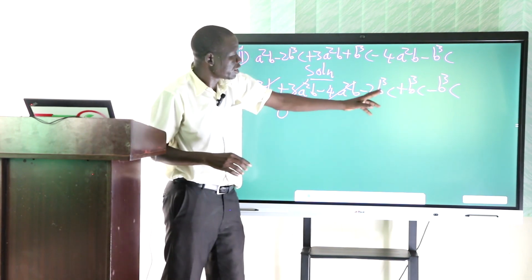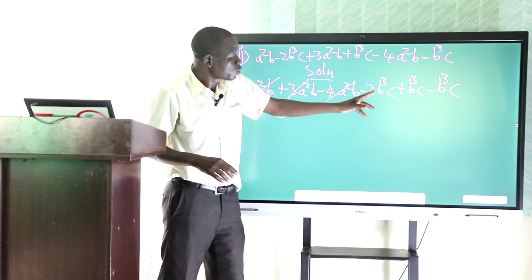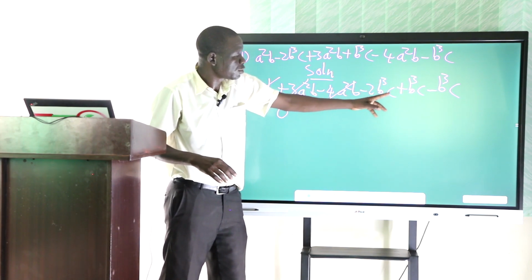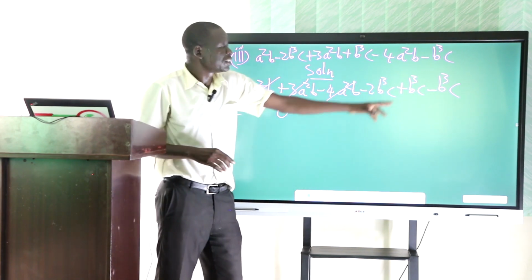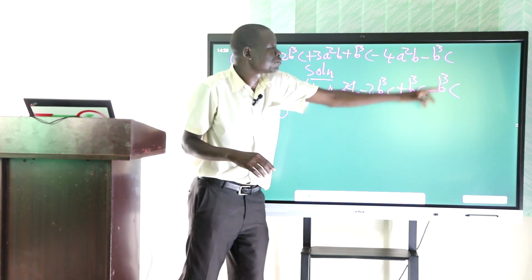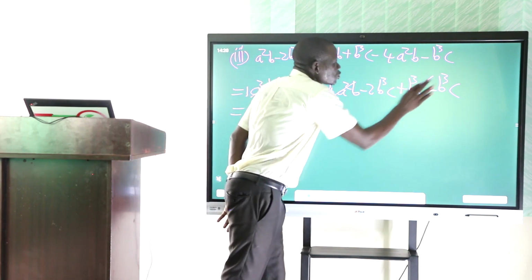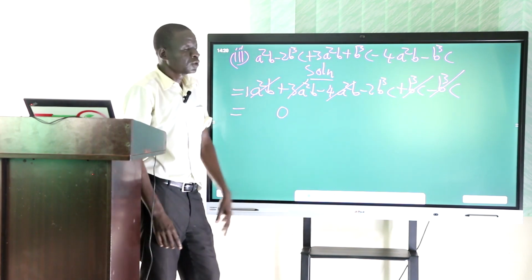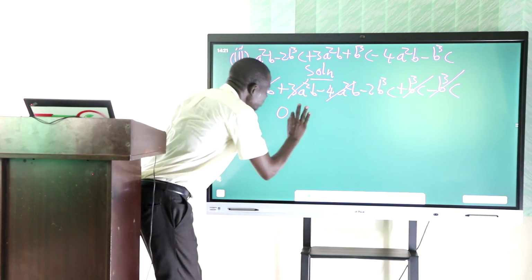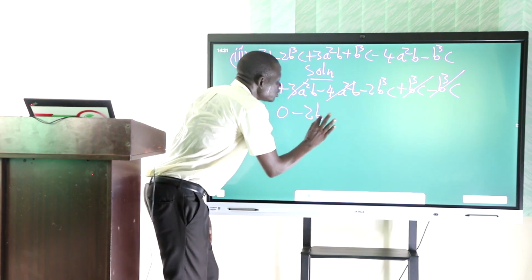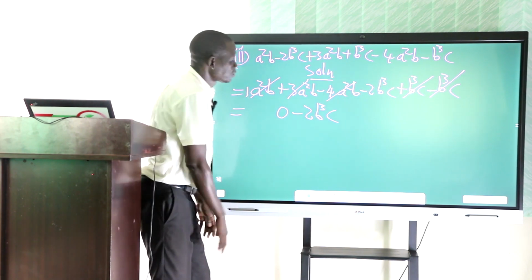Then we come here, negative 2b cubed c plus b cubed c minus b cubed c. But b cubed c minus b cubed c, you get 0. So these ones also cancel. We are left with negative 2b cubed c.